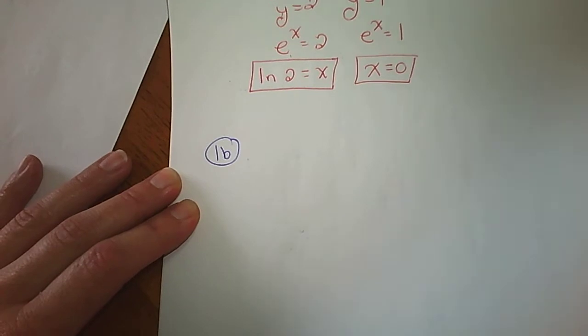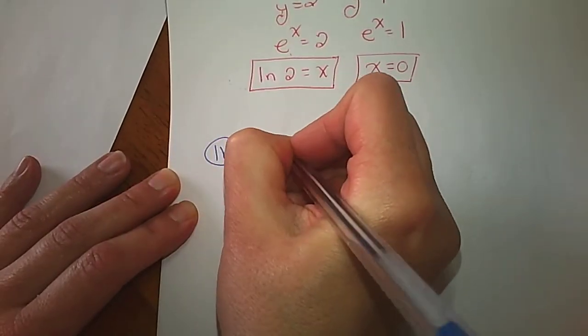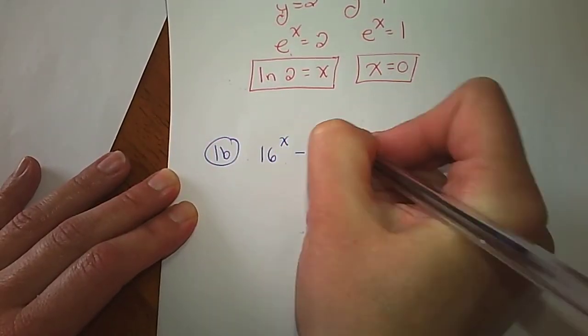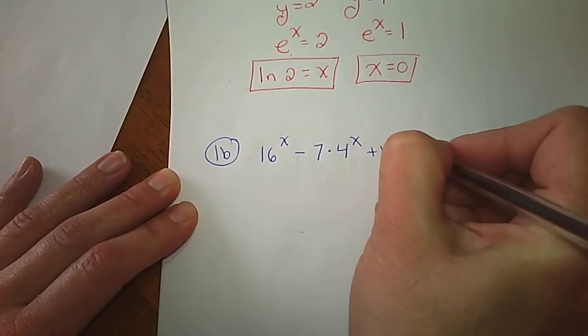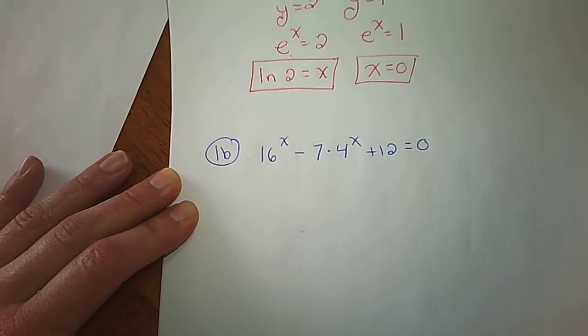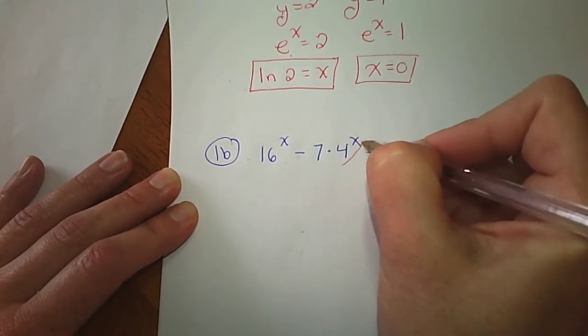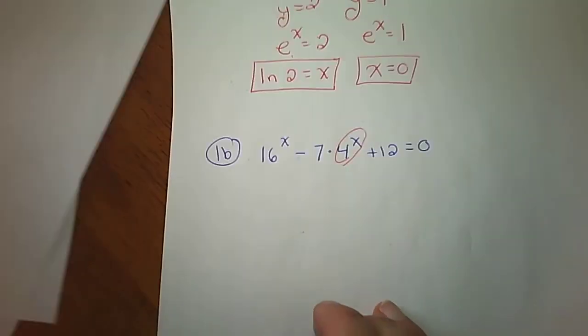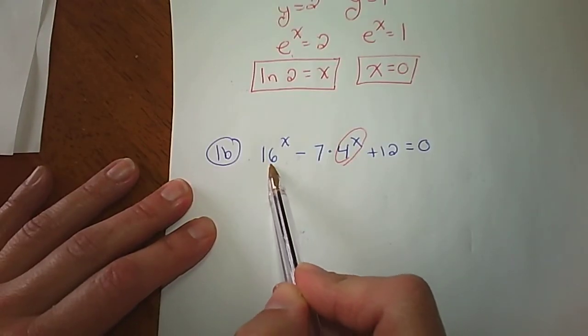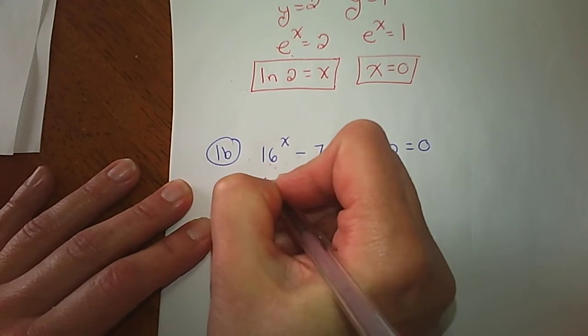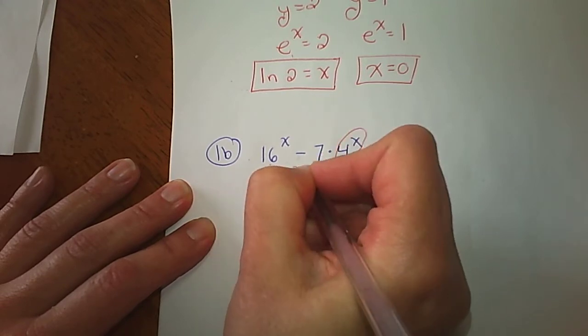1b is 16 to the x minus 7 times 4 to the x plus 12 equals 0. Now, similar to the last question, 4 to the x, that's what's controlling the question. That's what I want it to look like. And I can change 16 into 4 squared, to the x.